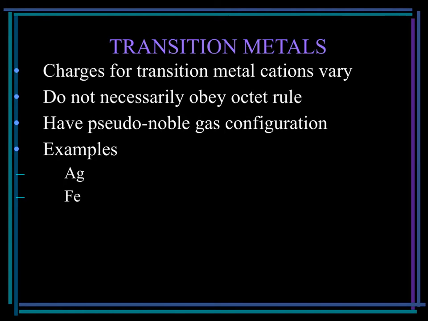Now let's talk about the transition metals. So we know that the transition metals will form a positive charge, so they will form cations because they are metals, so they will lose electrons, but they have what we call a pseudo-noble gas configuration. So what does pseudo mean? Pseudo means like fake or false, okay?